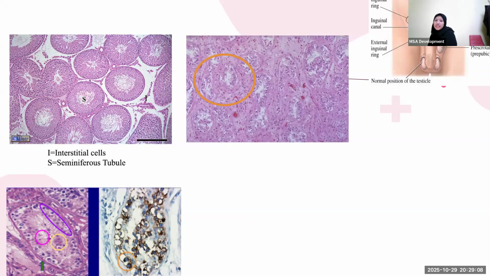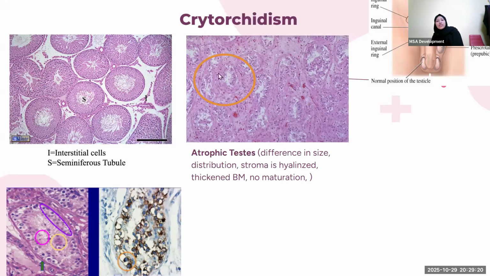Now, why is that important? Because I'm going to talk about cryptorchidism, how it can cause atrophic testis. If the testis is not in the normal place, it cannot undergo its normal function and it will atrophy. Atrophy means there's reduced functionality, everything is hyalinized, there's thickening, no maturation or anything like that, right?